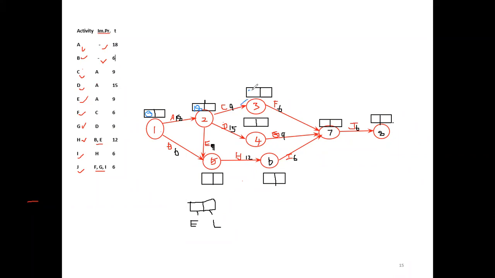So the earliest time, 27 days needed to start the activity. Now we'll come to the fourth, this works. Right, now for the fourth one, it is that far, no?